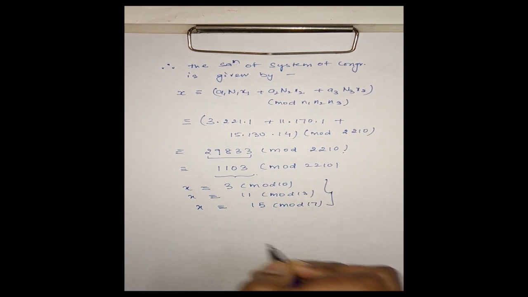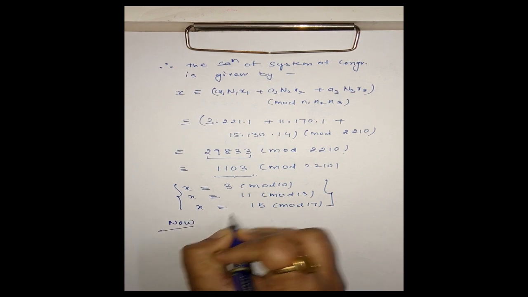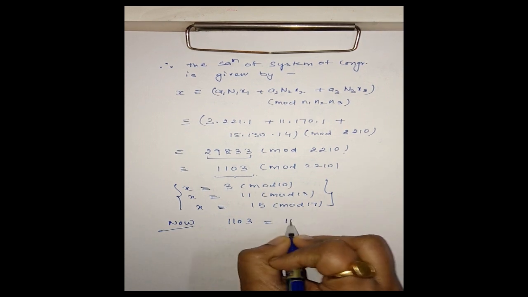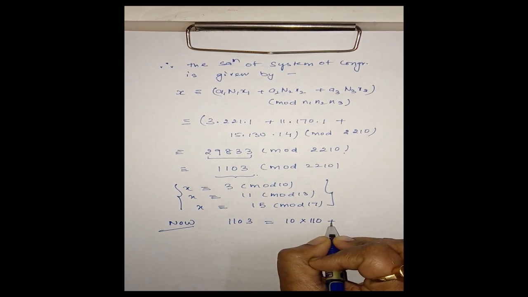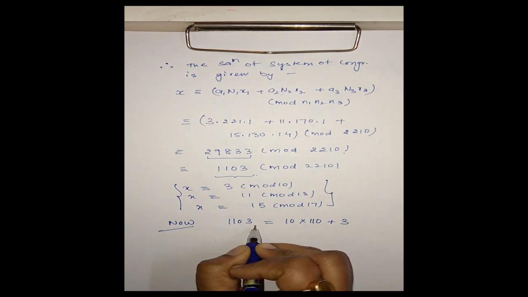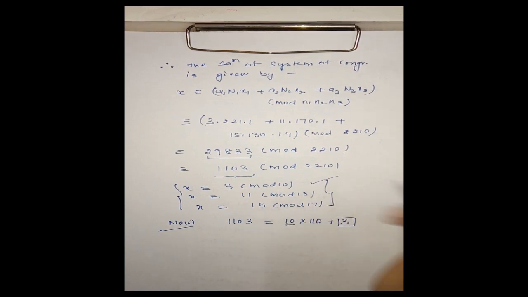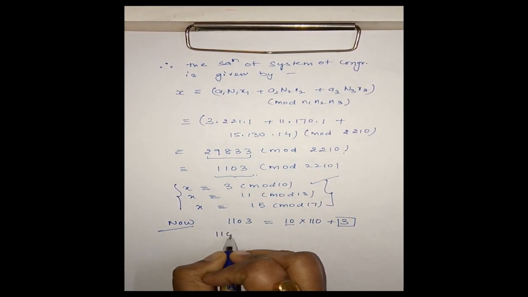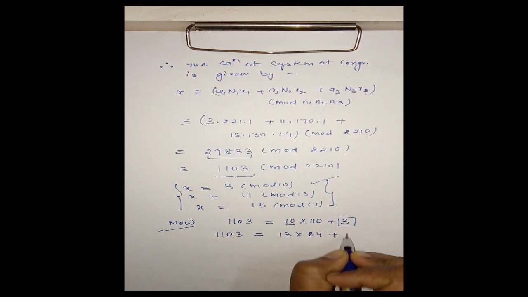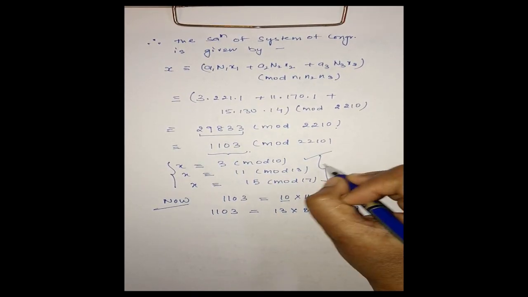Now, we will check this. This 1103 can be written as 10 into 110 plus 3, that is 1100 plus 3. That means on dividing by 10, remainder is 3. First is satisfied. Second, 1103 is 13 into 84 plus 11, so on dividing by 13, remainder is 11.